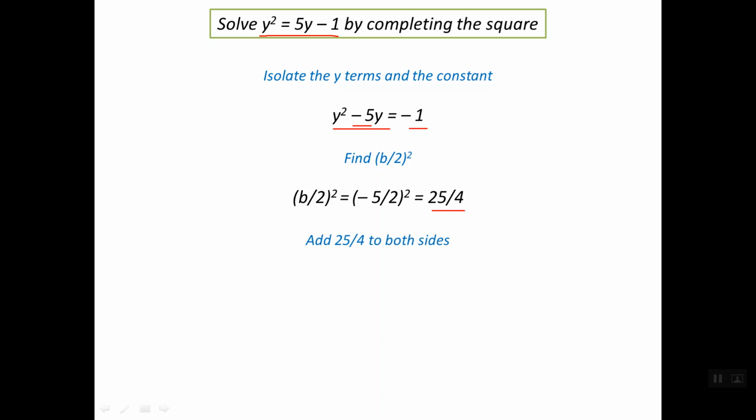Now we add this value, 25 divided by 4, to both sides of the equation. So y squared minus 5y plus 25 over 4 is equal to minus 1 plus 25 over 4.